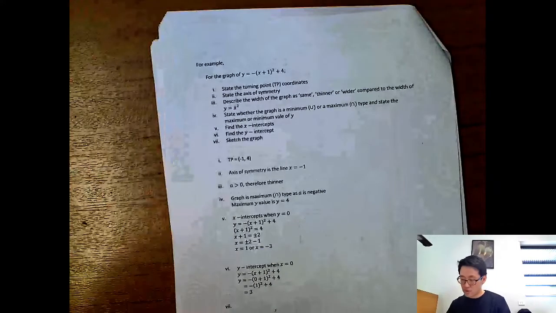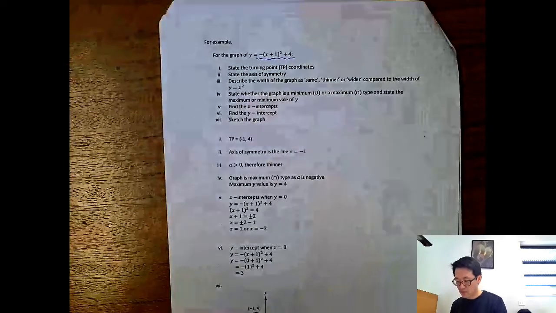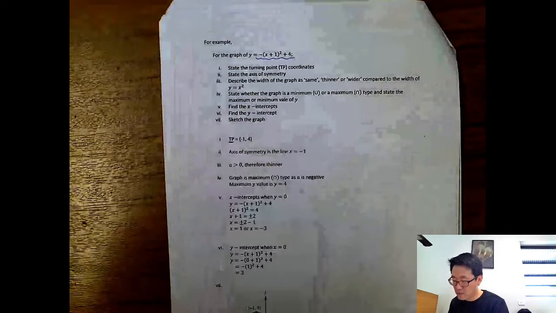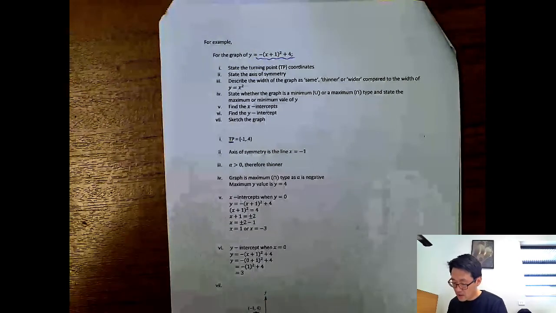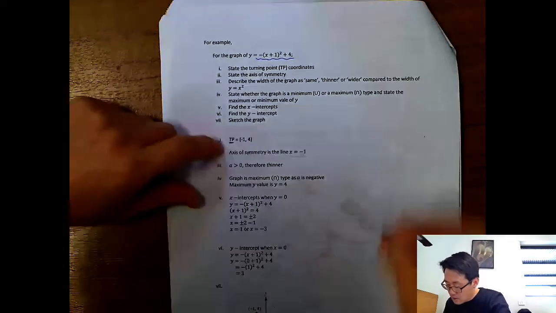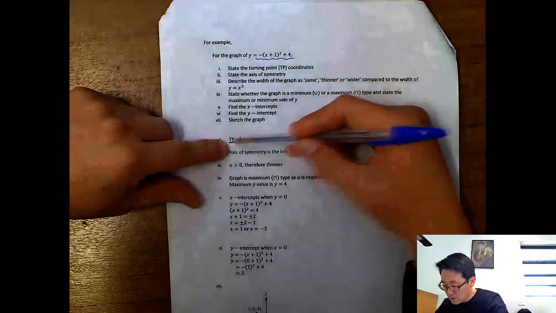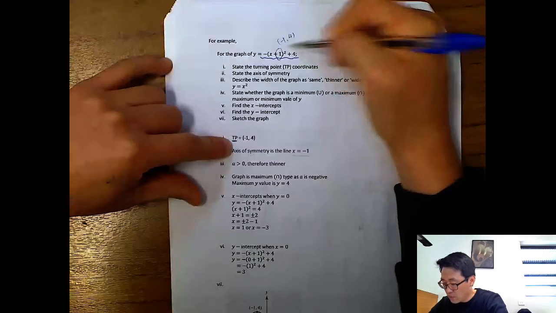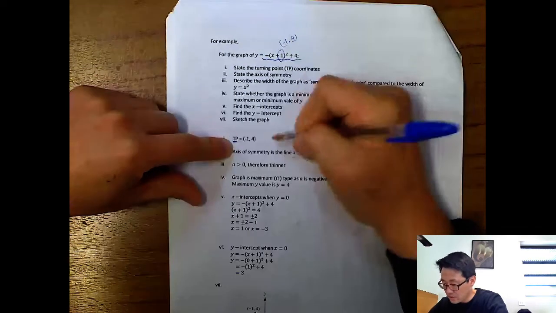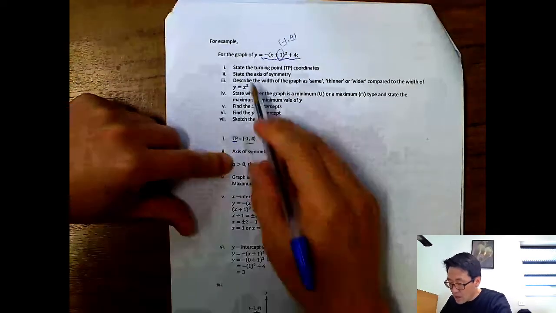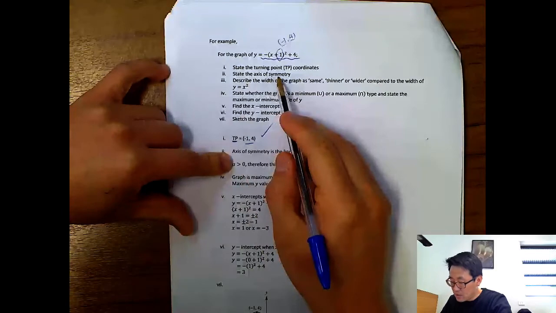Make sure you practice these questions here, and how they write it down. They use TP. TP is turning point. And axis of symmetry, we've done that. So let's check one by one. The turning point is negative 1 and 4, x and y value. So I can write down straight away negative 1 and 4. Good. State the axis of symmetry.